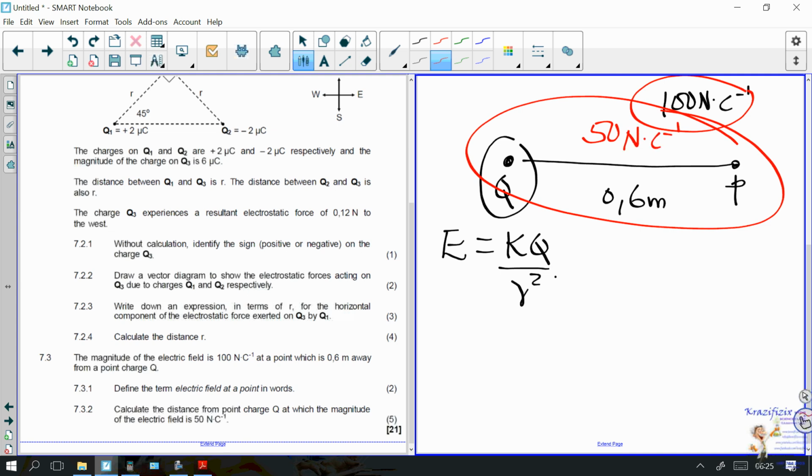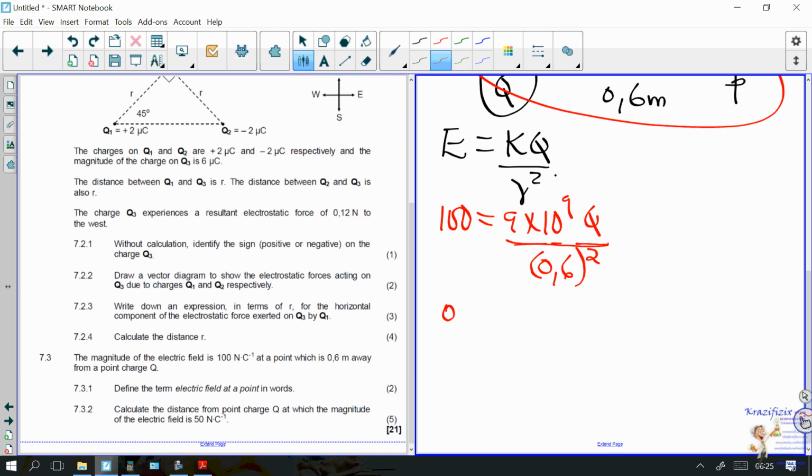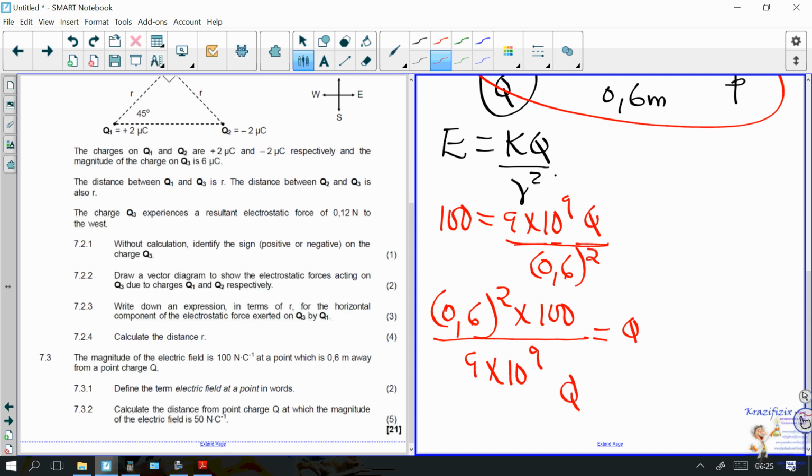All right, so if we look at E equals KQ over R squared, what is our E? 100 equals 9 times 10 to the power 9 times Q over R squared. Oh, by the way, I know this distance here because I'm dealing with P, 0.6 squared. Okay, cross multiply: 0.6 squared multiplied by 100 divided by 9 times 10 to the power 9 equals Q. I know by now your mathematics has been sharpened and you know what we did there.